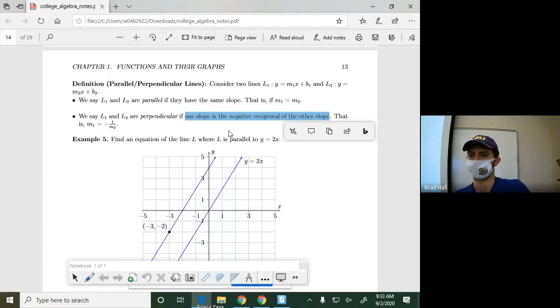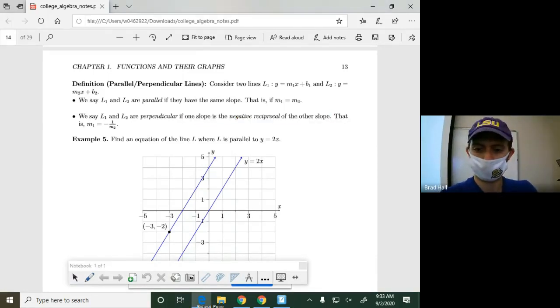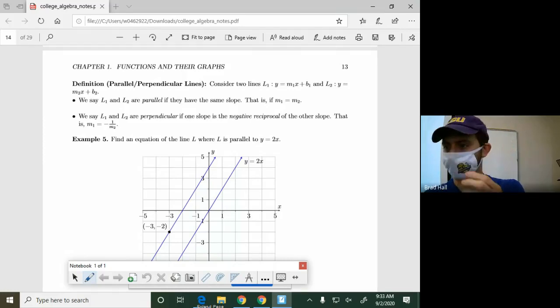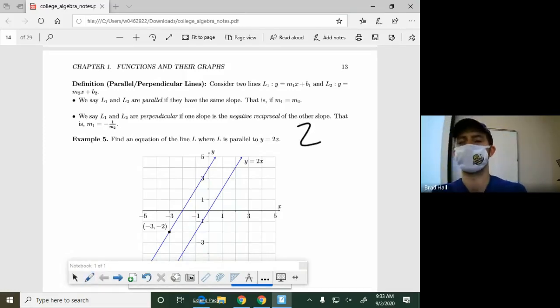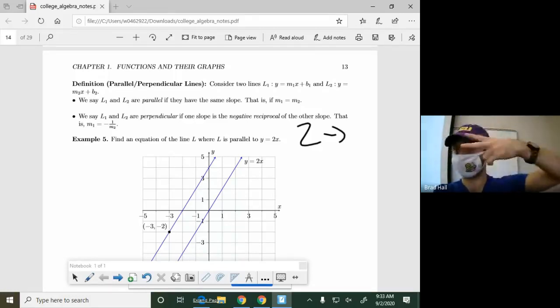So if you have one slope, like 2, the slope of a perpendicular line would be, let me just write that one out. If one slope was 2 for one line, and you wanted to figure out the slope of a perpendicular line, what you would do is flip the number.